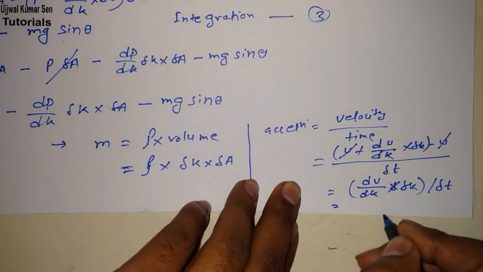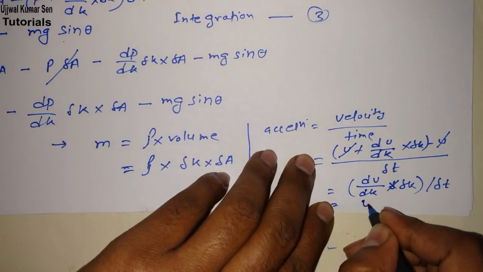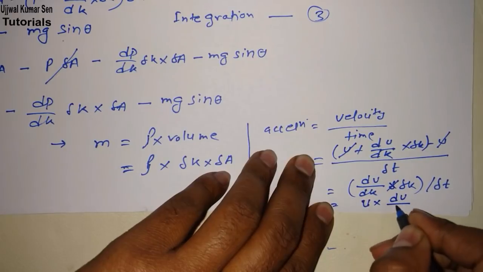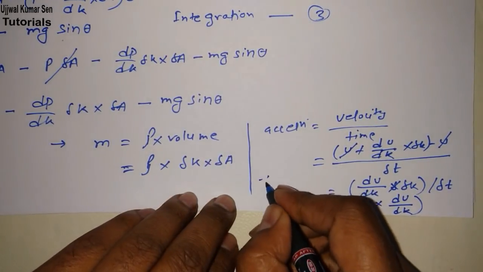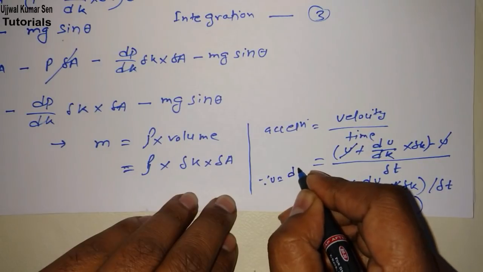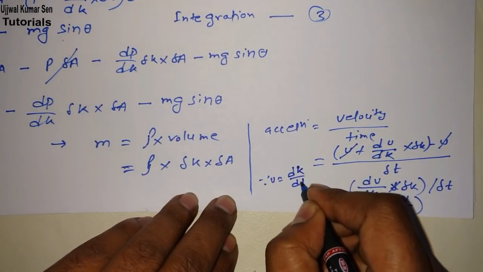So what we can write from here is u multiplied by du by dk. This is the thing we can write from here, because u is equal to dk by dt.